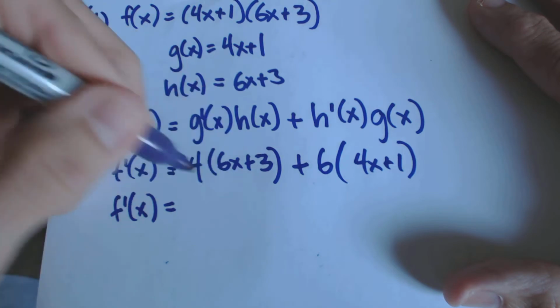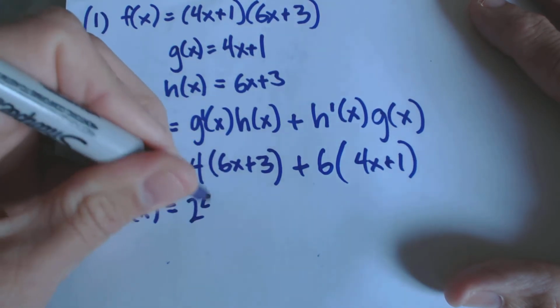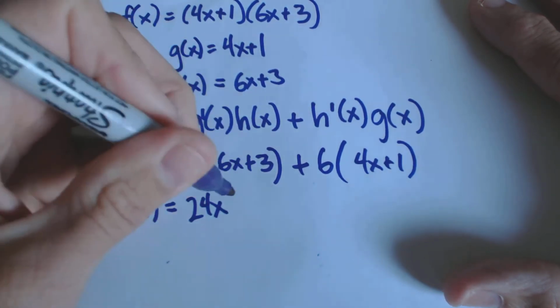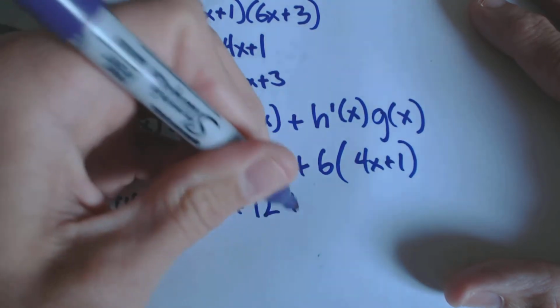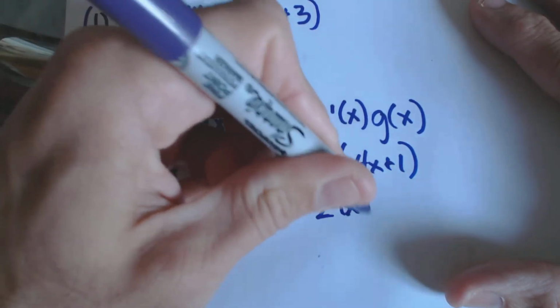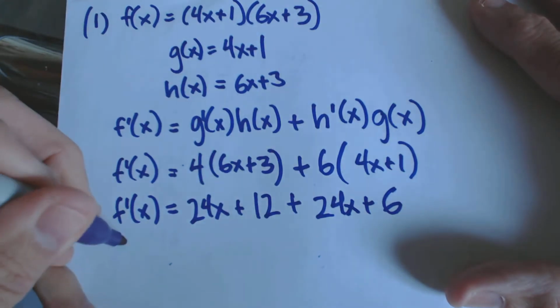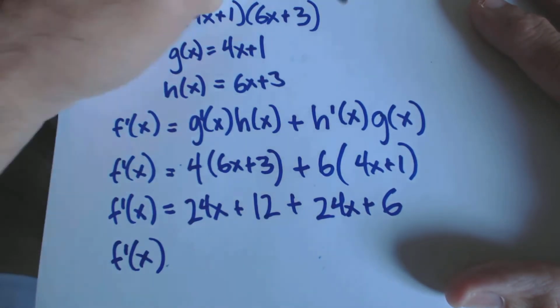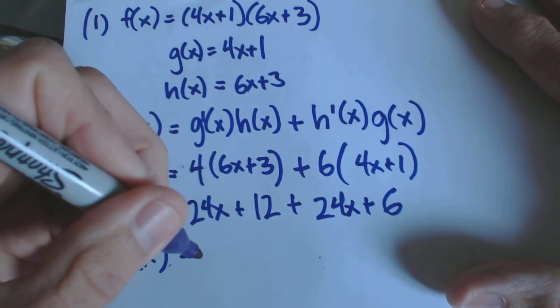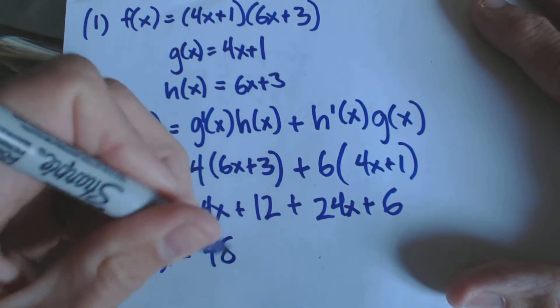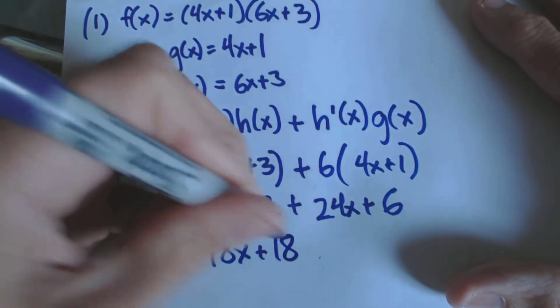Now we just multiply through here. We've got 24x plus 12 plus 24x plus 6. So the derivative of this original expression is going to equal 48x plus 18.